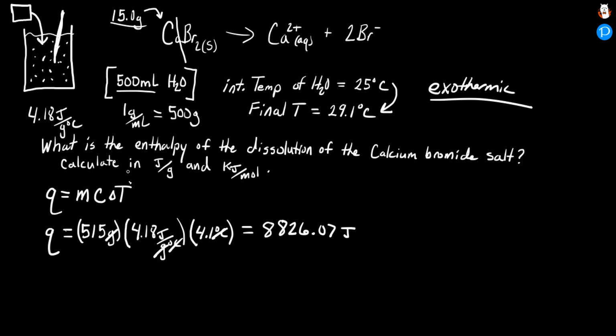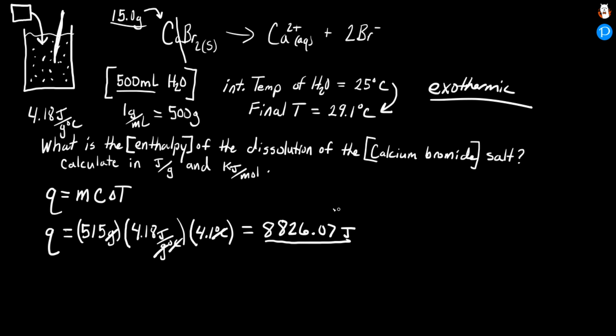Now, the problem doesn't ask me just to figure out what's the energy. It wants me to figure out the enthalpy, or the energy change, and it wants it in energy per gram and then kilojoules of energy per mole. So right now, all I have is joules. So let's take a look at this first part right here. If I want it in joules per gram of the dissolution of calcium bromide, okay?